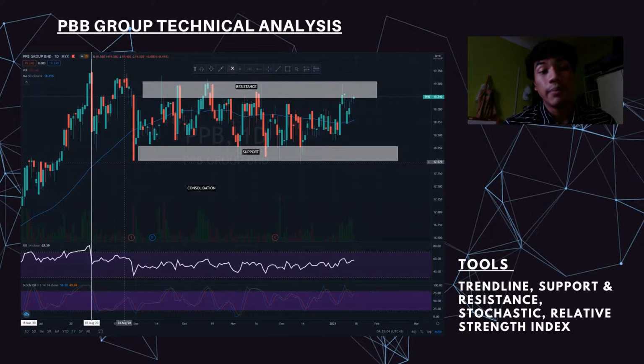Looking at the PBB group, which is also in the consolidation period, but the consolidation period is quite clearer than the Nestle consolidation period. As you can see, the current price is in the resistance zone.